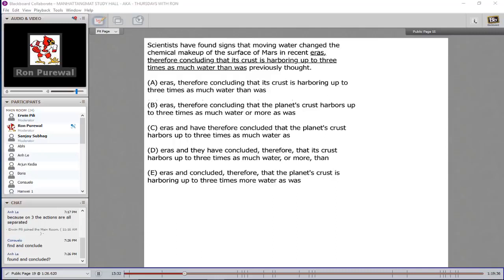Yeah, they found some evidence and they concluded some stuff from that evidence. And like sequential actions, generally speaking, as long as they are actions of roughly the same priority level, sequences of actions usually take parallel structures.